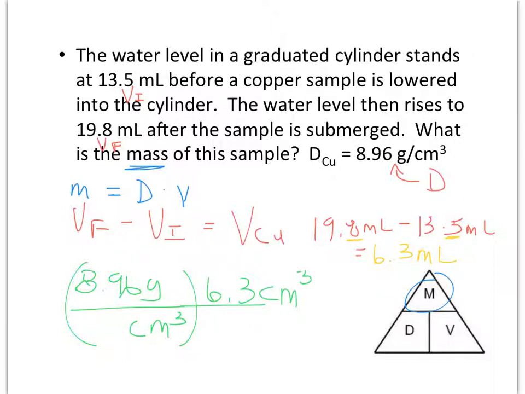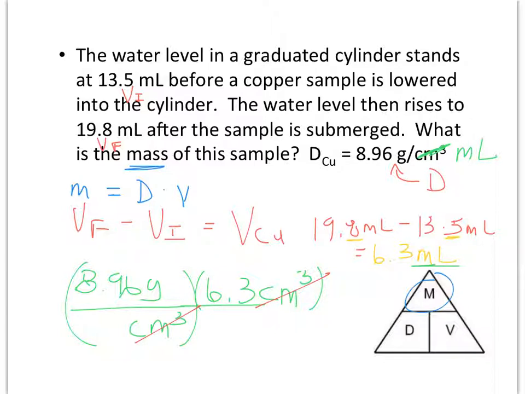This is kind of confusing because we solved in milliliters, but we need to remember that 1 milliliter is the same as 1 cubic centimeter. So in order to get those cubic centimeters to cancel out, I'm just going to say that the volume is in cubic centimeters, or if you prefer, you can change this to milliliters and keep everything in milliliters. That's also the same, so it shouldn't change anything mathematically. All right, and now my centimeters cancel.